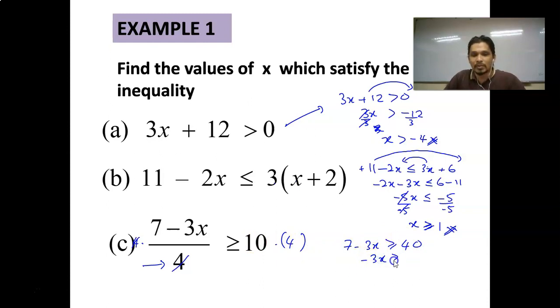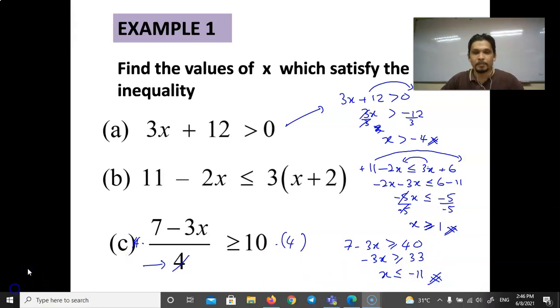Negative 3x greater than or equal to 40 minus 7. 40 minus 7, 33. Divide by negative 3, negative numbers, the sign changes. So divide by negative 3, left side, on right side here, x. Negative 33 divided by negative 3, negative 11.